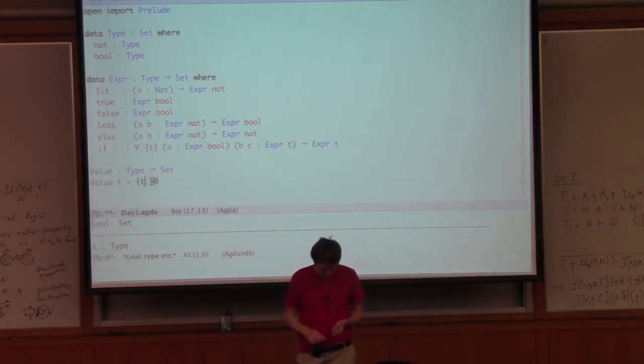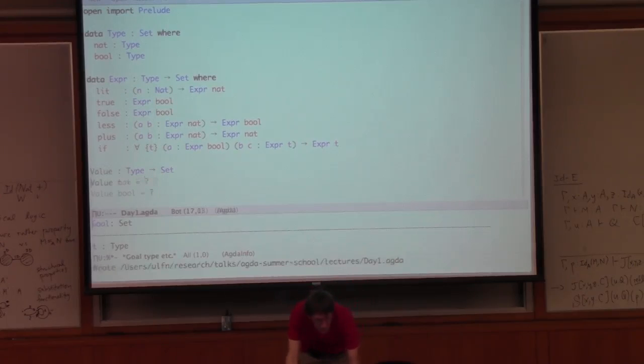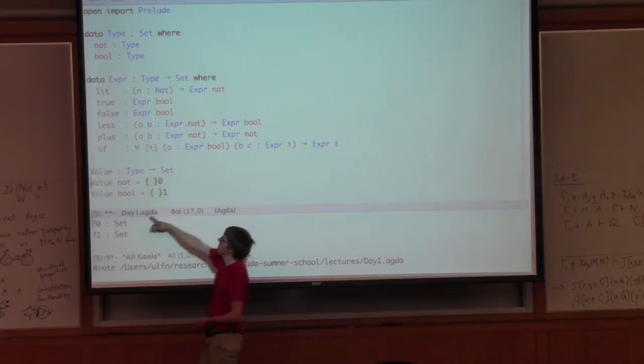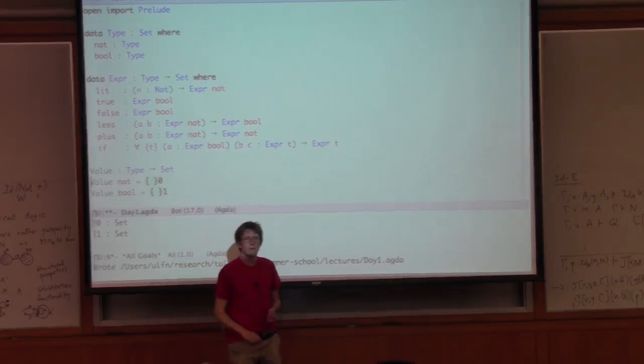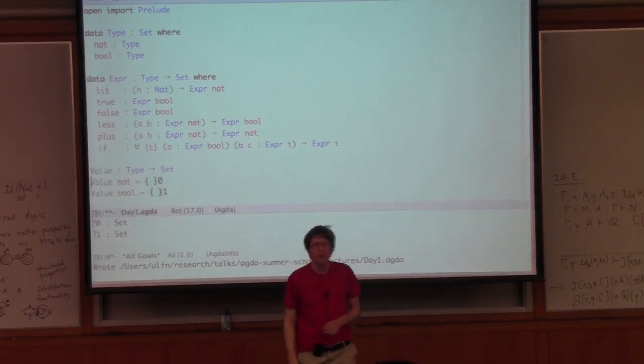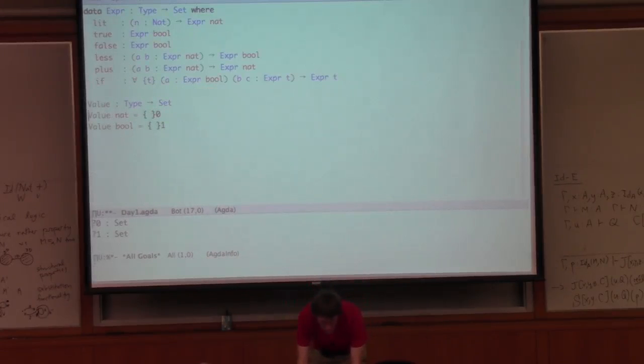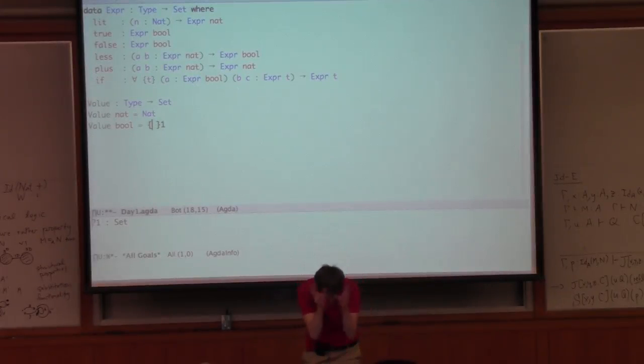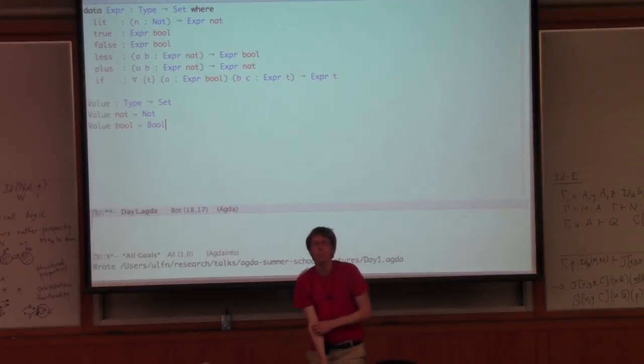So I hit Control-C, Control-C here, and the system fills in the cases that I have to give. So we're going to go with, for nat, a value for an expression of type nat. Well, that's just a built-in library natural number, and for bool, it's just bool.